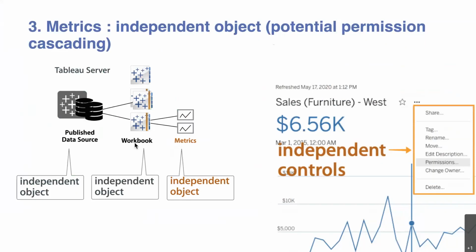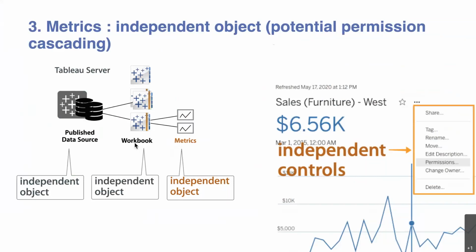Also, because metrics is an independent object, potentially there is a permission cascading issue, which I talked about in this forum maybe a year ago. It means if you gave the workbook view permission to 3 people, and those 3 people are publishers, you give them download for data permission, meaning allow them to download for data.